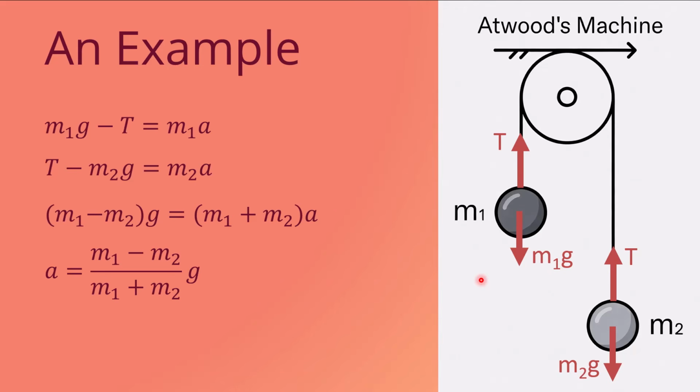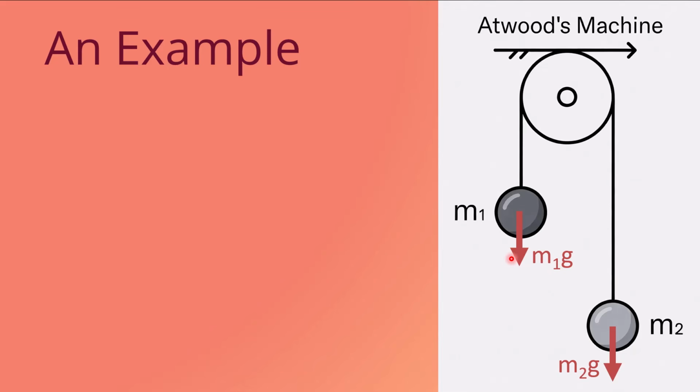But now let's solve this same problem using D'Alembert's principle. First, I suppose the system is going through some small virtual displacement. So m1 went downwards and m2 went upwards, as I said, supposing m1 is heavier than m2.